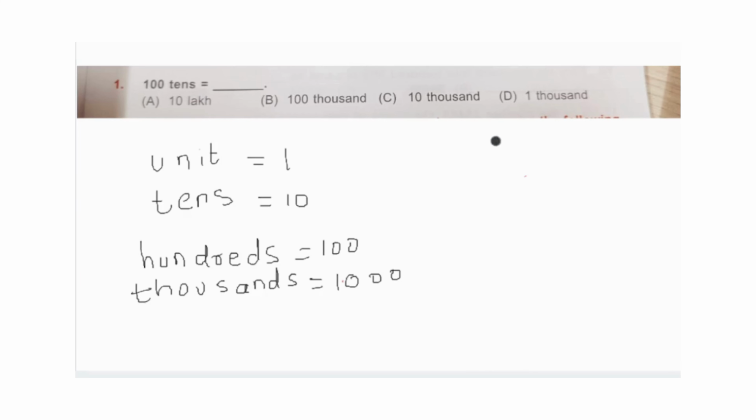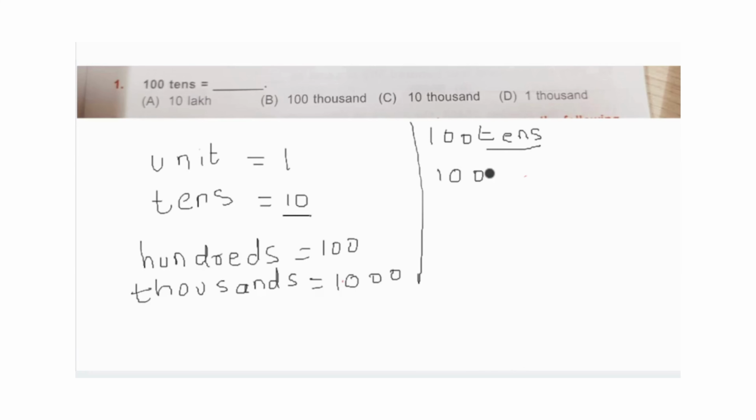Now let's use this as a reference in our current expression, which is the question: 100 tenths. So let's write down the 100 in the question as it is, and then the place value mentioned here is tenths, which is represented by 10 as explained.